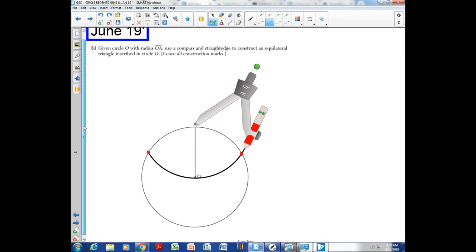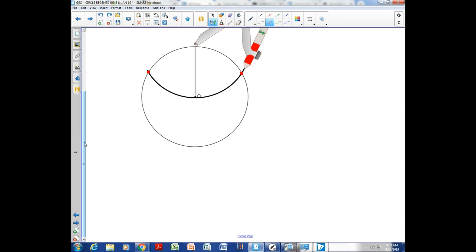I'm going to move down a little bit here to give myself more room. Now I'm going to take my compass and measure that exact distance, since we are creating an equilateral triangle. And I'm going to lock that in right there. Then I'm just going to bring down my compass and intersect the circle a third time. We've now created three equidistant points on the circle.